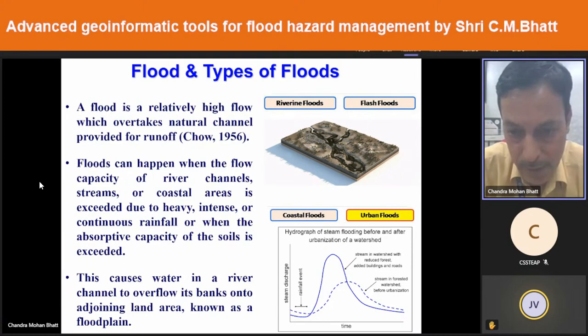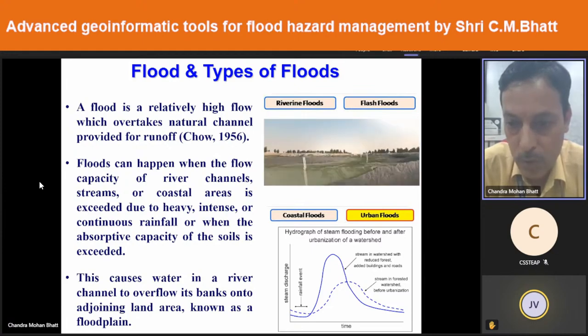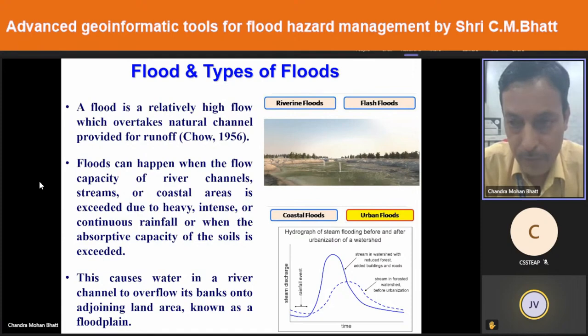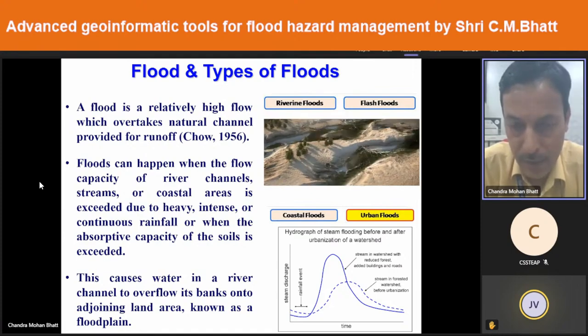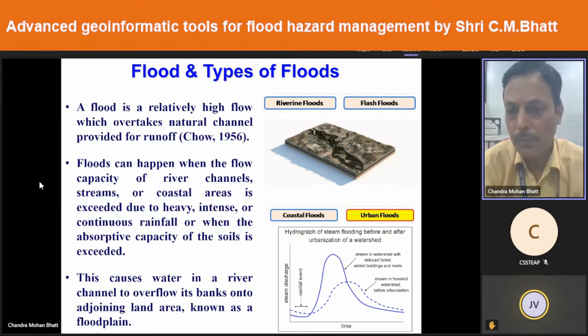So this is the definition, and we have different types of floods, which we call riverine floods, flash floods, coastal floods, urban floods. Some of the floods we are very familiar with, like riverine floods. From long back, riverine floods are known to all of us: in monsoons, rivers get flooded.